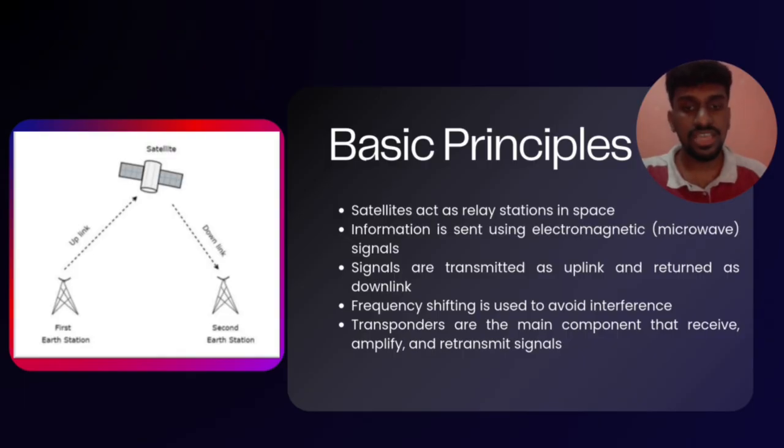The transponder changes the frequency, amplifies the signal, and sends it back to the Earth as a downlink. This frequency shifting is important because it prevents interference between incoming and outgoing signals. So in short, satellites receive, process, and retransmit information over very long distances.